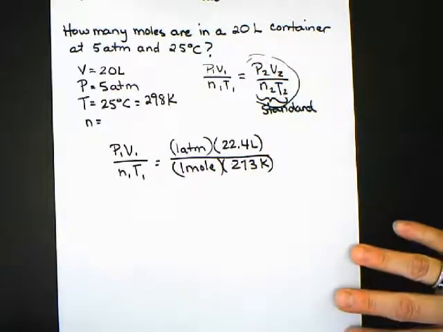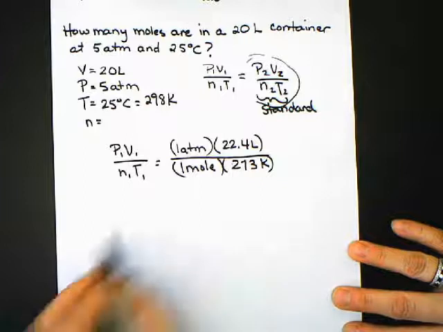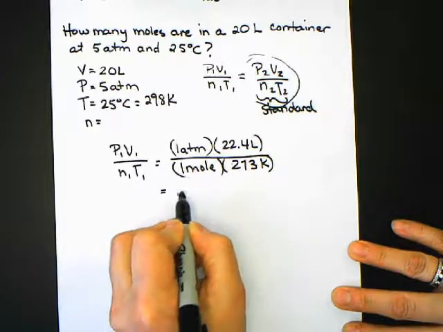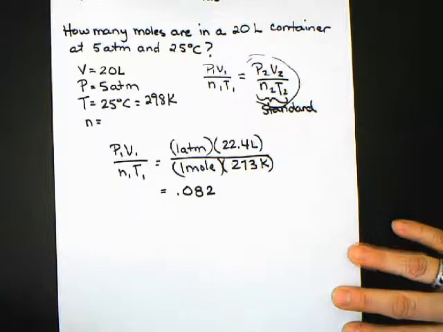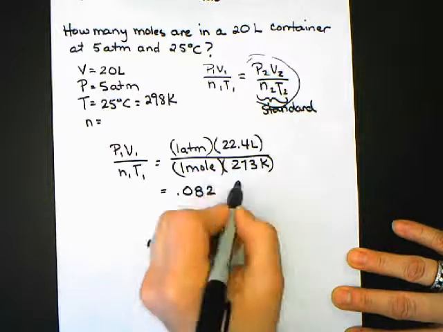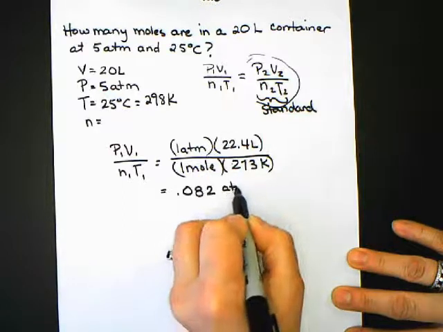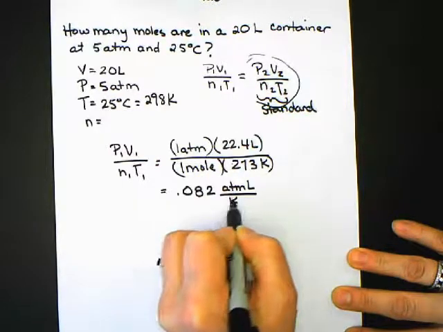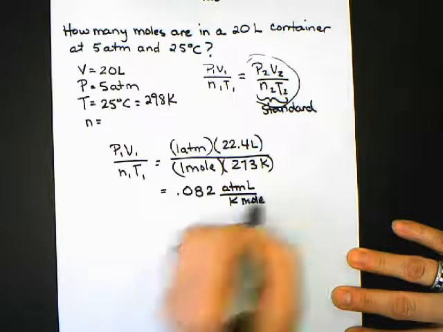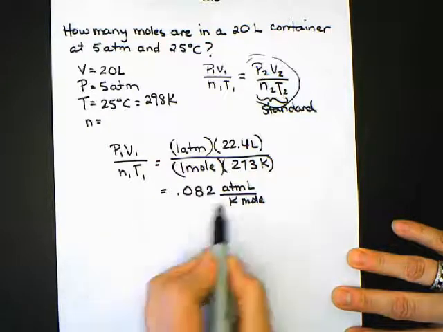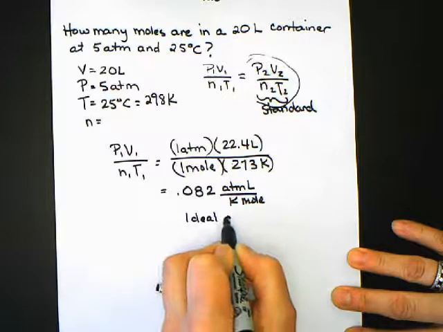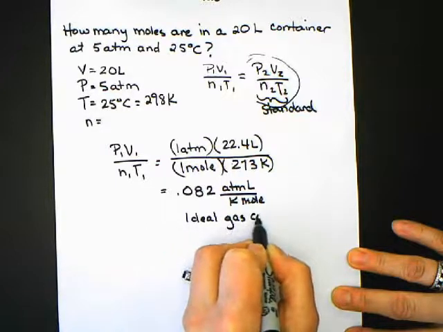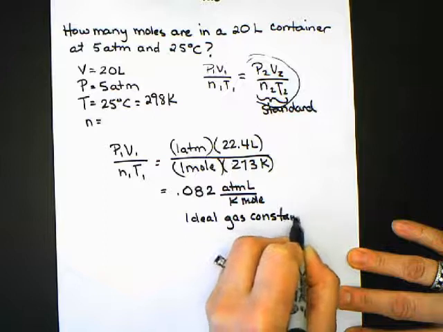I'm just going to round off to that. 0.082 units. All of the units apply: atm, liters, K, mole. This is what we call the ideal gas constant. It is the numerical value that you get when you solve PV over NT with the standard values.